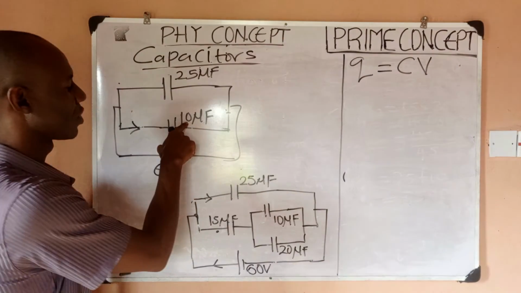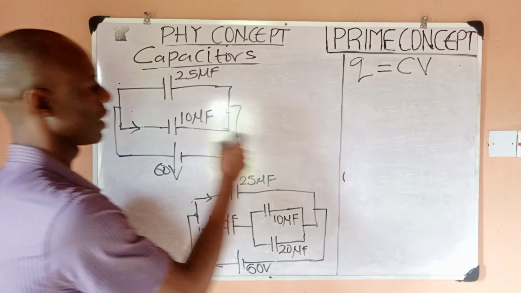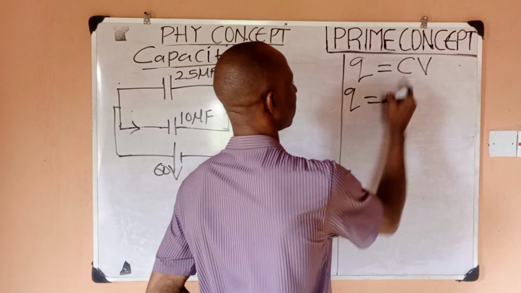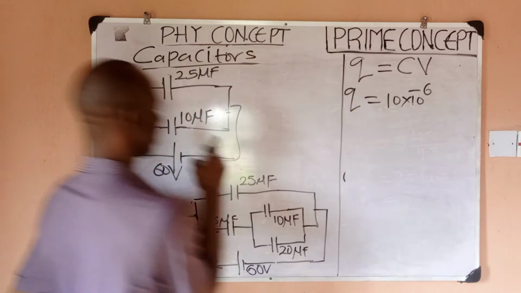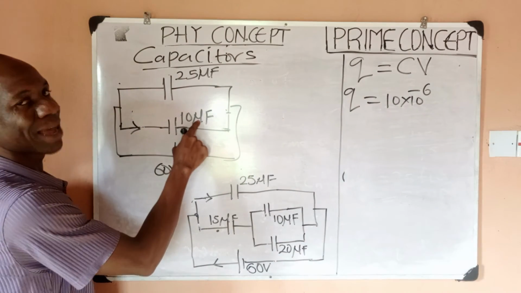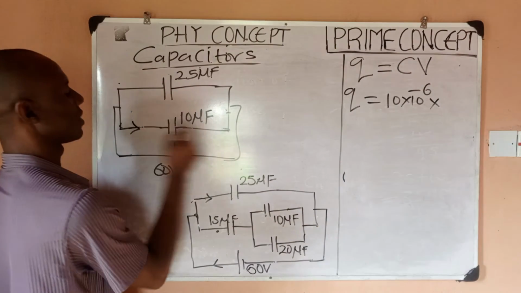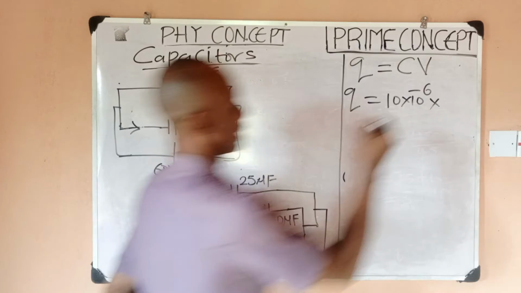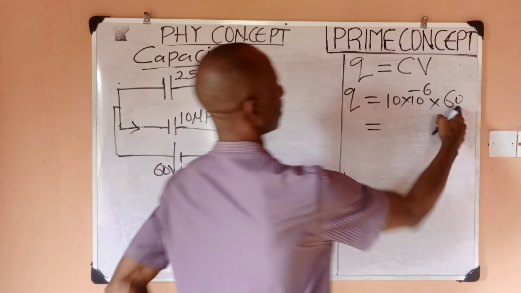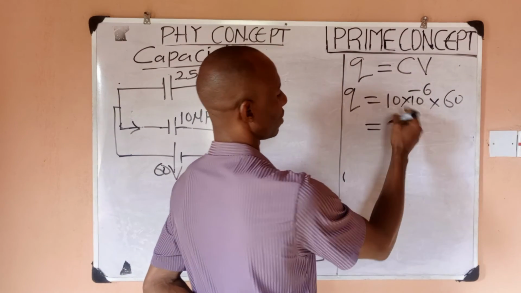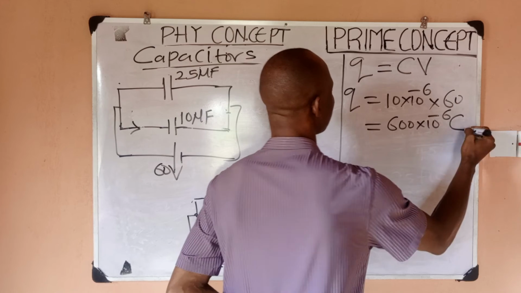Since we are considering this capacitance, the value is 10 microfarad. So I would have Q is 10 times 10 to the power minus 6. Why minus 6? Because it is micro, so you have to convert, times the potential difference. The potential difference here is still 60. So 60 times 10 is 600. So I have 600 times 10 to the power minus 6 coulomb.